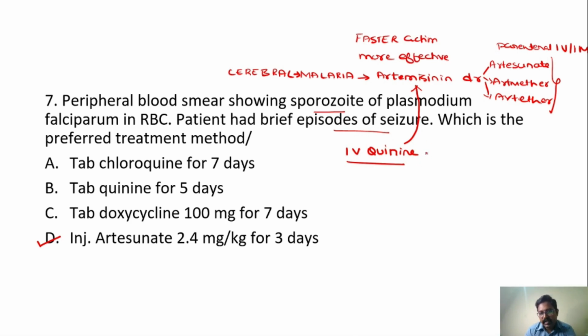Whereas quinine was causing what? Hypoglycemia. So to prevent this hypoglycemia, quinine has to be infused along with 5% dextrose.